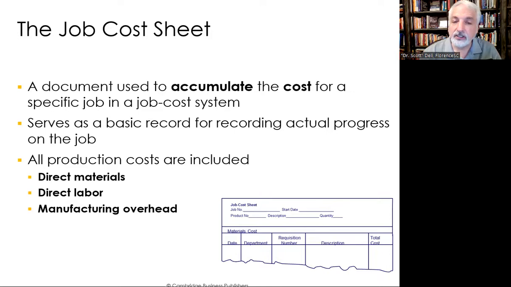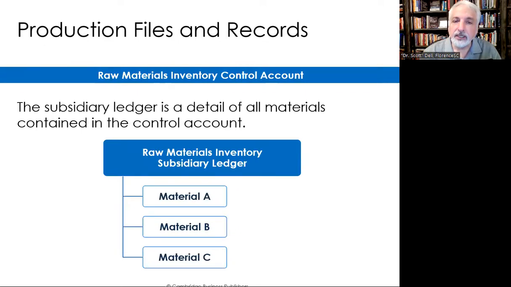And we're back to these 3 broad categories: direct materials, direct labor, and an assignment of overhead based on a certain factor. So we're looking at the production files, and we have the materials. We have a subsidiary ledger where we have different materials that are going to be put into process in the system.